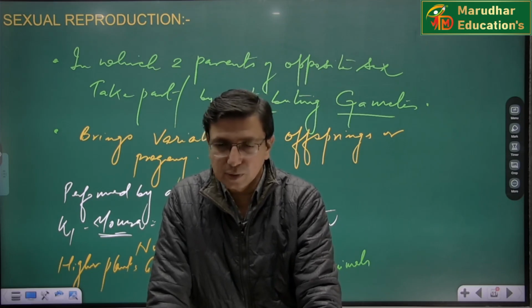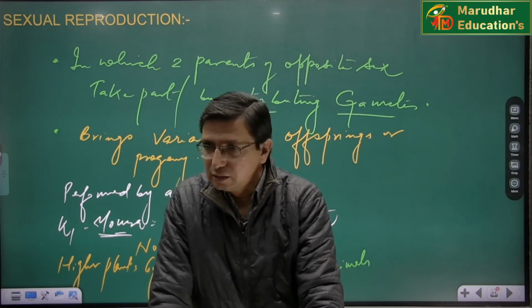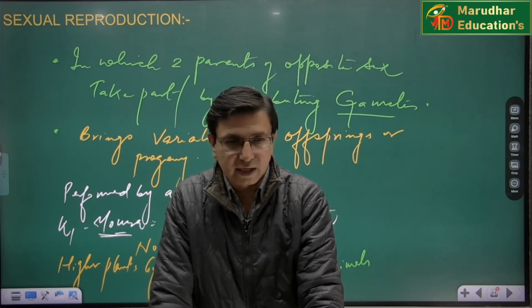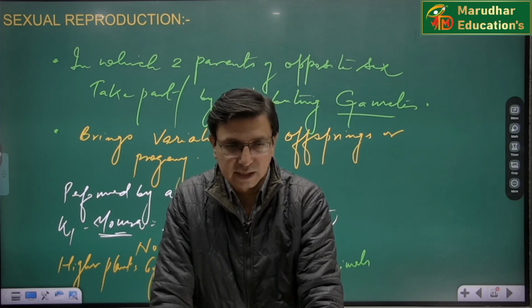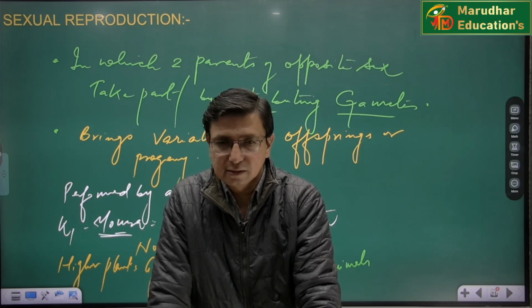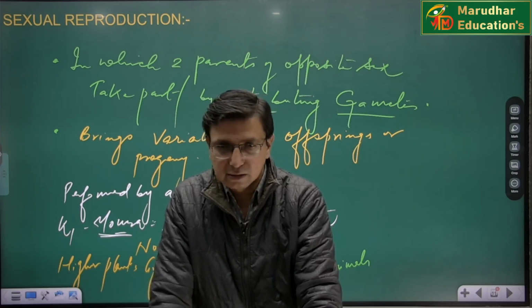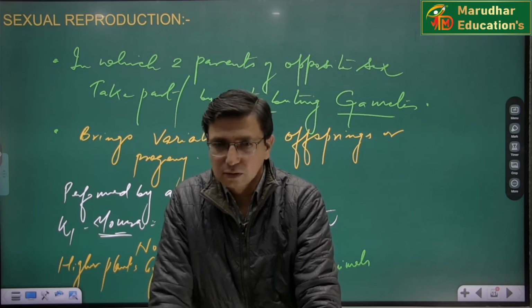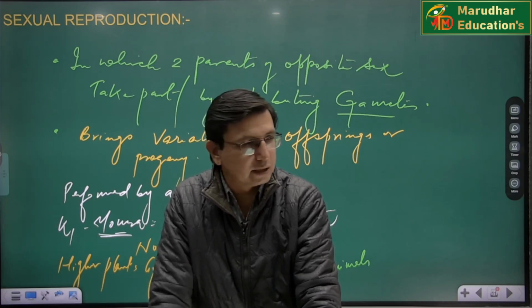In case of animals as well, human beings, all mammals, and below mammals we have a class called aves that have birds. Below aves we have reptiles, in which snakes and lizards are included. Fishes, frogs and amphibians, they all undergo what?